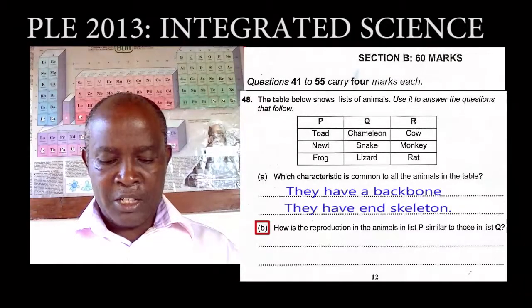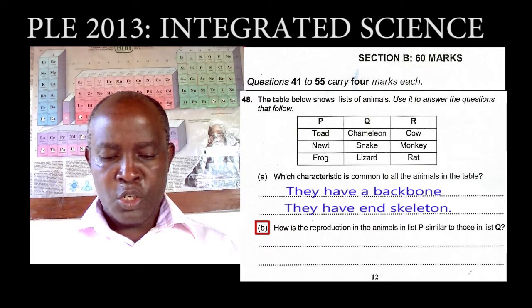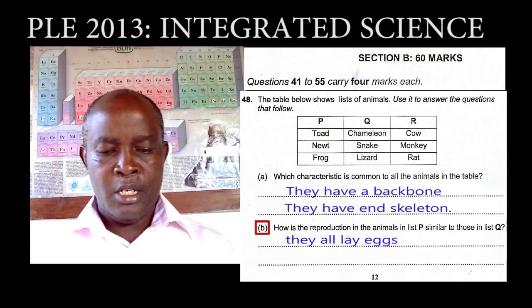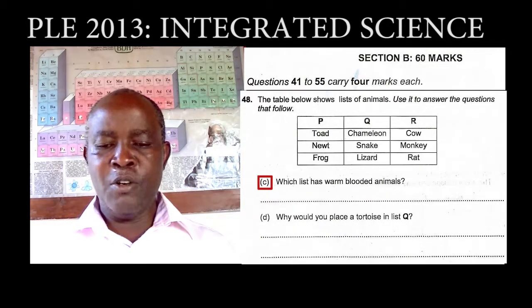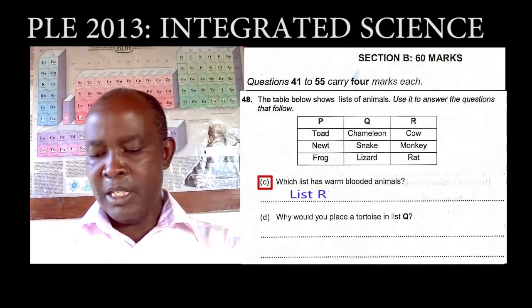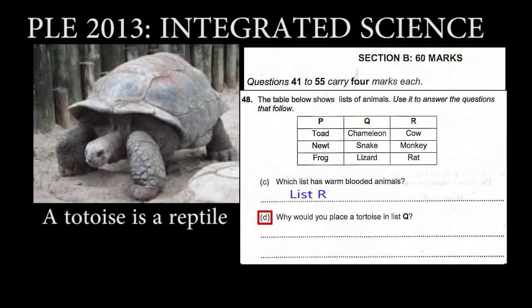How is the reproduction in animals in list P similar to those in list Q? They all lay eggs. Which list has the warm-blooded animal? List R. Mammals are warm-blooded animals. C. Why should you place a tortoise in list Q? Because it is a reptile.